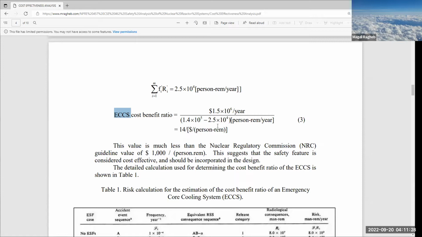Now, that does not account for the fact that different types of radiation can cause different levels of harm. So when we want to consider the different types of radiation and the different types of harm, we define another unit that we call the REM. The REM stands for radiation equivalent man.